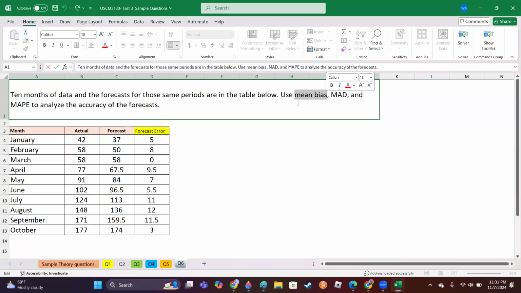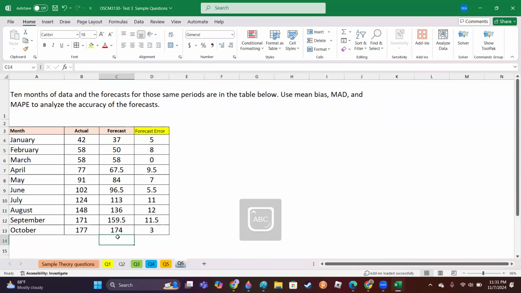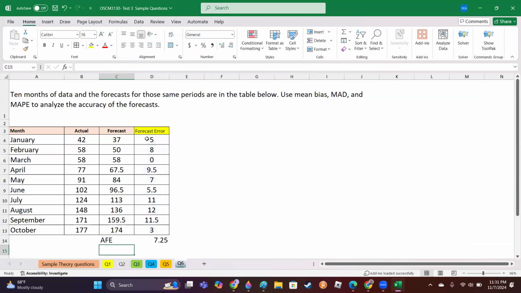This question says use the mean bias, use the average forecast error. So we already have all the forecast errors here. So our average forecast error is just going to be the average of this column. Okay, so average forecast error is approximately 7.25, and that would answer the first part of this.